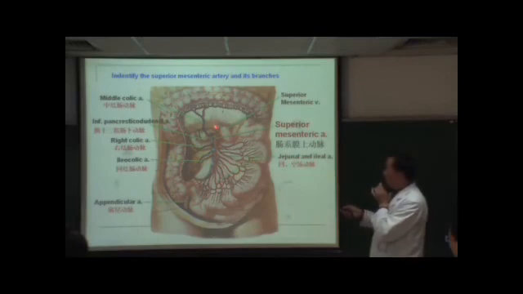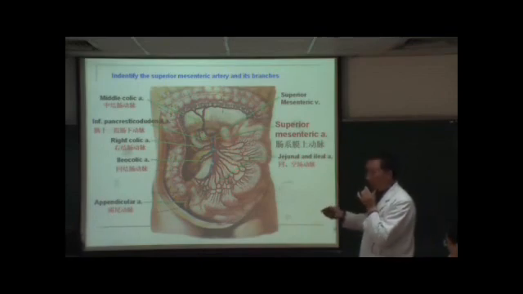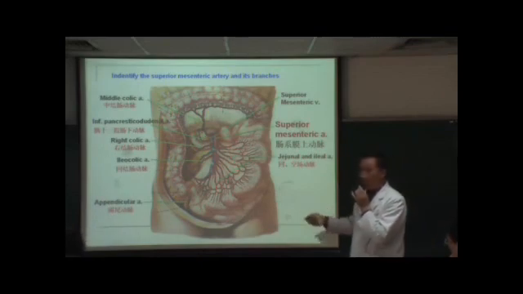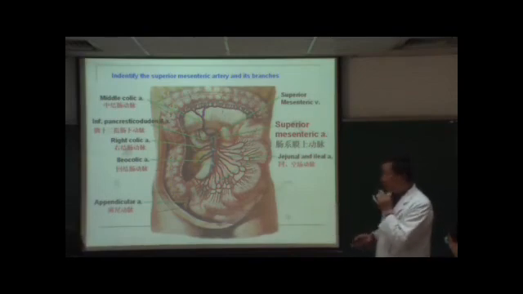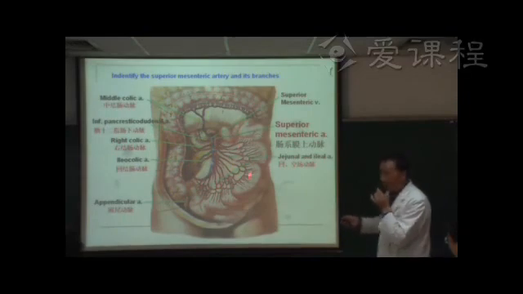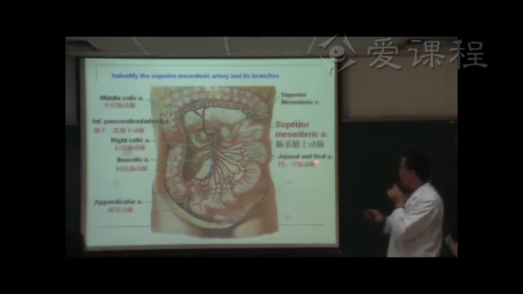First, you identify the branches from the left side of the artery. From the left side of the superior mesenteric artery, you can find several branches. These branches are called jejunal and ileal arteries.